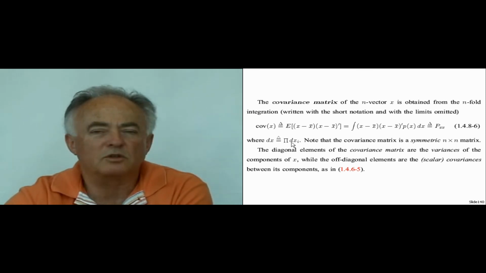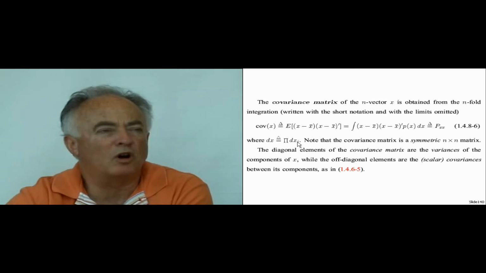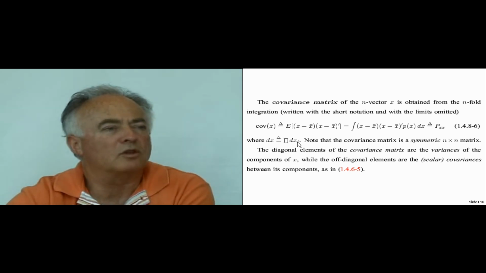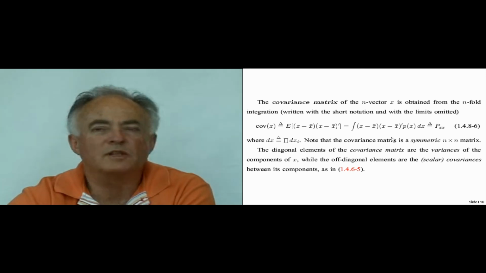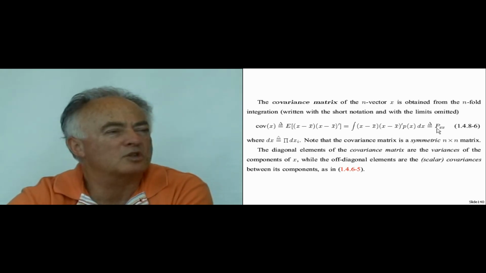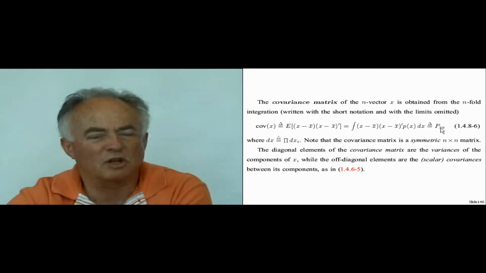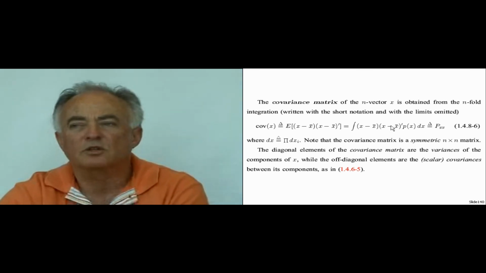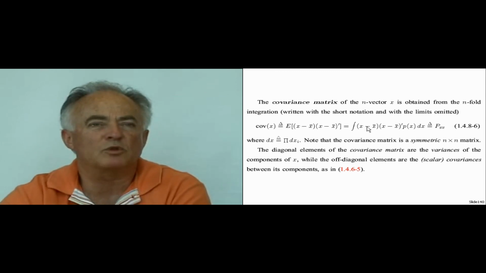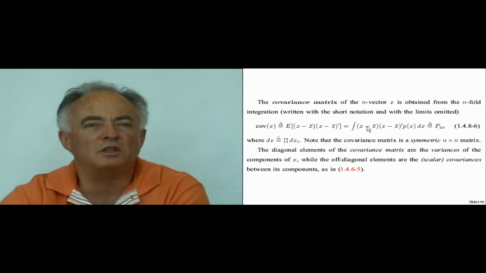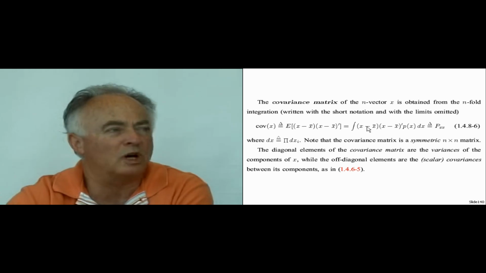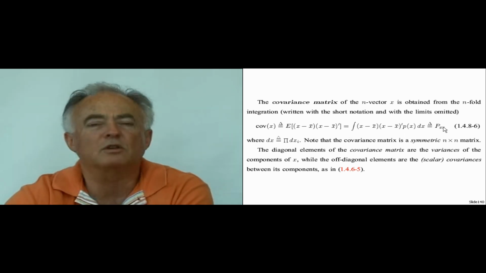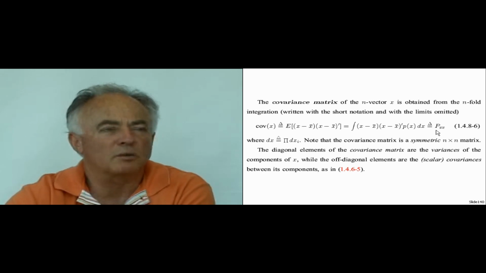Now, this dx, with a slight abuse of notation, stands for the product of the dxi. So this is the element of volume, and the final notation for the covariance will be a cap P sub xx. It belongs to x and it is x with itself, and sometimes we have a P sub xy, which will be the covariance between the vector x and the vector y. This is x with itself, and this is the reason for using the double subscript.